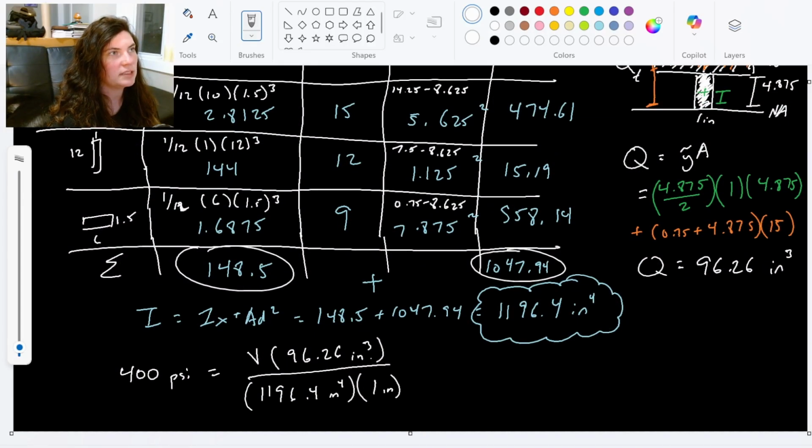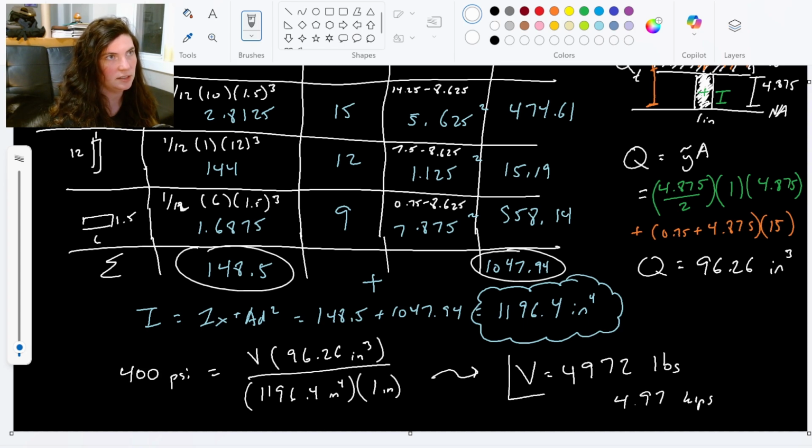So I plug this into my calculator. I have to do some rearranging, right? I multiply 400 times 1196 divided by 96. And that gives me a shear value of 4972 pounds. All of these inches canceled with the psi for pounds. 4,972 pounds, or 4.97 kips, if you're so inclined.